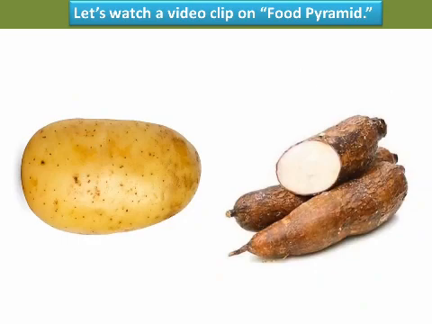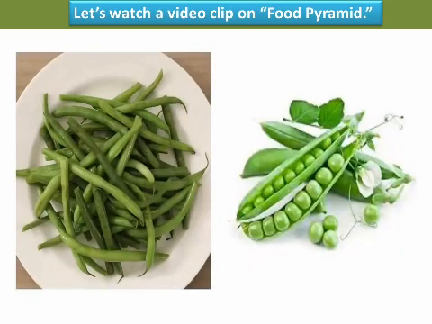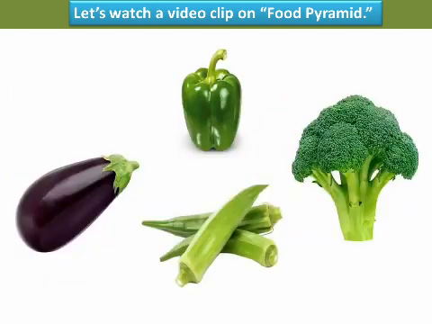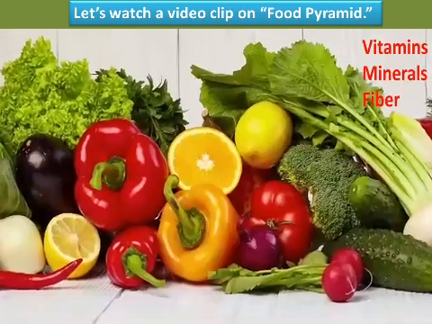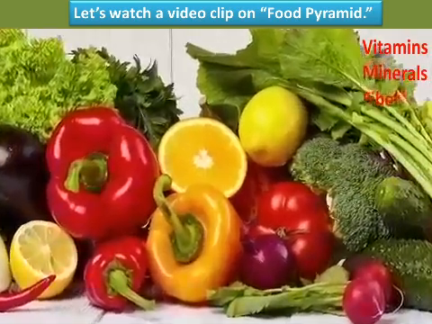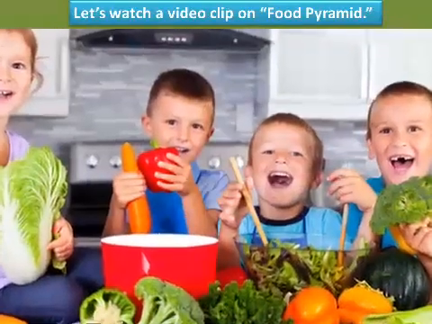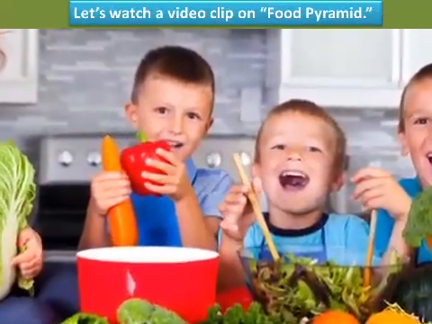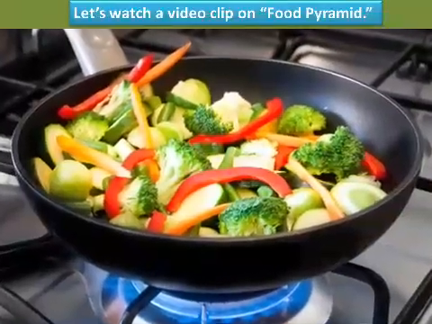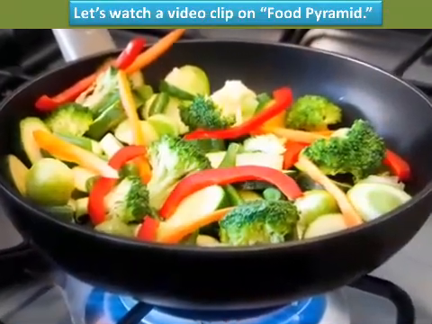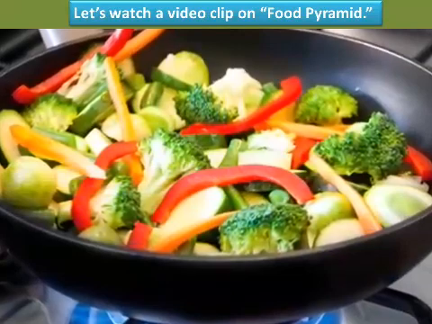Starchy vegetables, like potato, paprika. Legumes, like beans and peas. Other vegetables, such as eggplant, lady's finger, capsicum, broccoli, etc. Vegetables are a good source of vitamins, minerals, and fiber. We can eat vegetables, raw or cooked. It is important to remember that cooking vegetables removes some of their nutritional value.